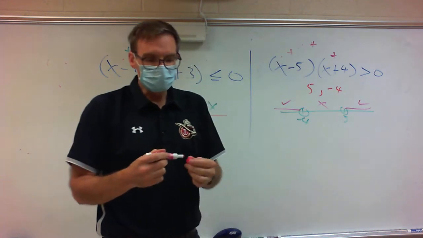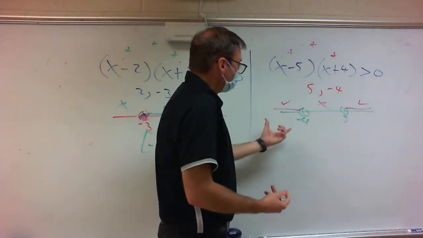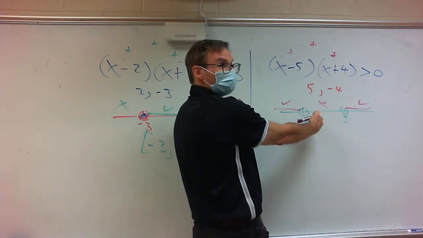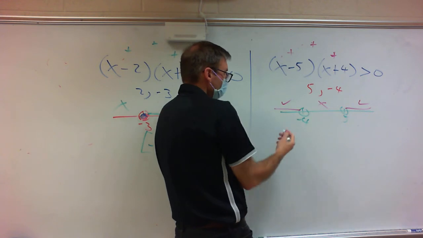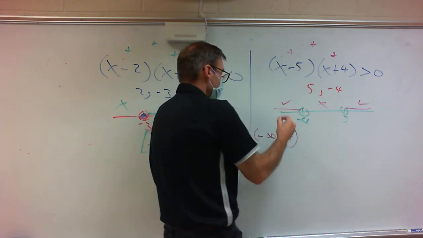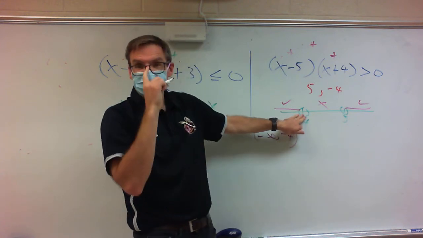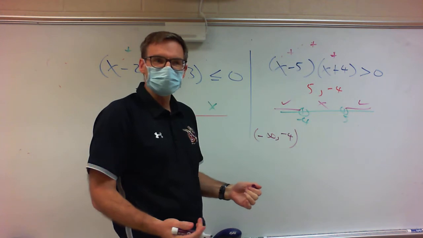Now I'm going to use interval notation to describe this, and you always describe left to right. The furthest left is -infinity, and it goes to -4. These are open parentheses because that's an open circle, and infinity always gets an open parenthesis.